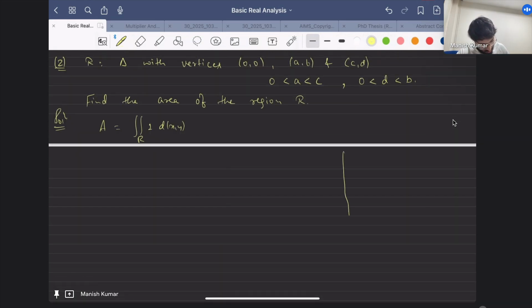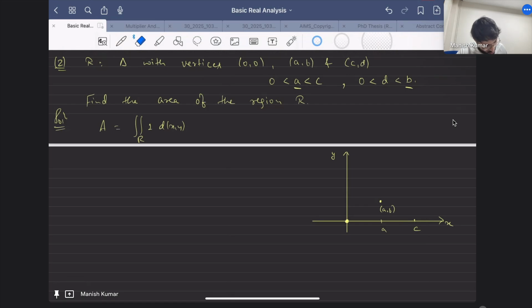Let me draw it here. It's clearly in the first quadrant, right? So this is, let's say, X, this is Y. The first point is (0, 0). The second point is (a, b). We can see both a and b are positive, so let's say it lies somewhere here. So this is (a, b), and then c is greater than a. So this is a, this is c, and it says that d is less than b.